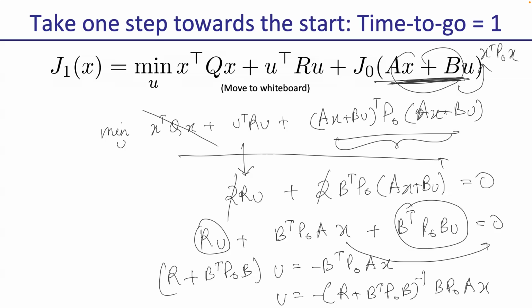Okay, so here's what we did. We took that term, we substituted what J naught is, which is a quadratic, right? Took the gradient with respect to U. First term goes away, second term is a quadratic. Third term is just the chain rule. Right? So use the chain rule. It gives you this thing. This comes from the first part of the chain rule, this comes from the second part of the chain rule. And then we just transposed terms, we moved this side over to this side.